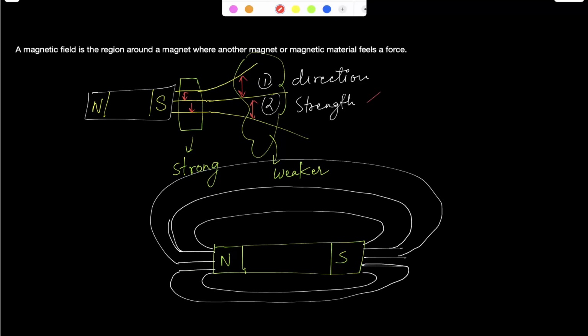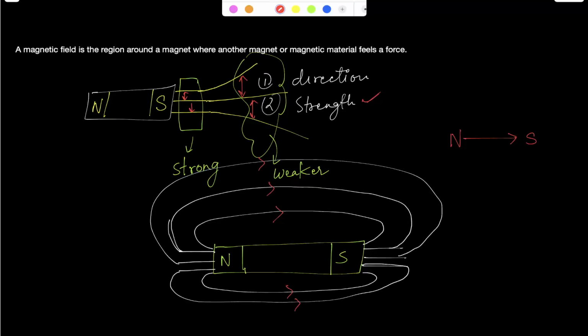Strength we have already discussed. Now we are going to talk about the direction. Direction is always away from north towards south. So you just draw arrows like that. See, they all are pointing towards south. So, away from north towards south. That's it. Hope that makes sense.